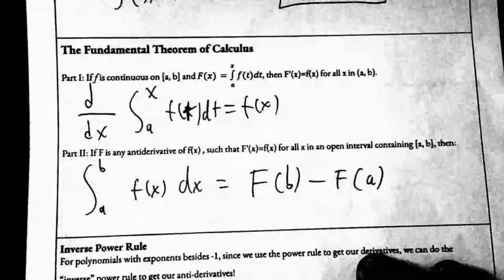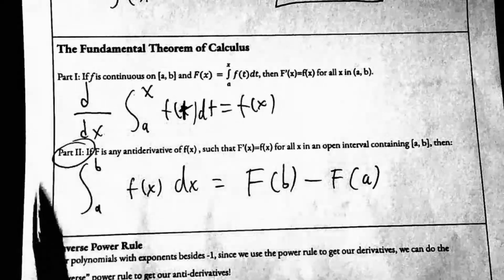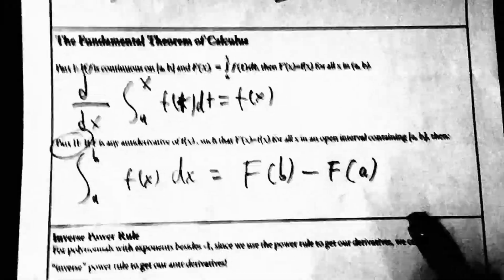And this is what we practice a lot on Fridays, in part 2. Not so much part 1. Part 1 is about the exercise set, but part 2 is really what we focused on.